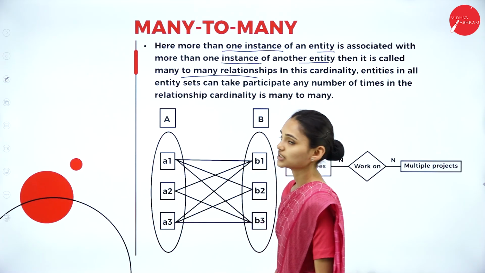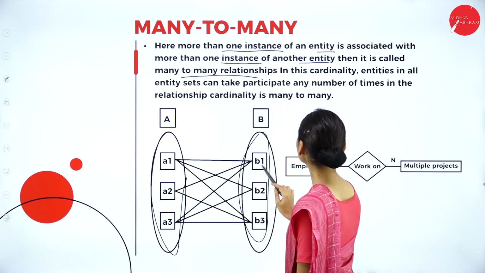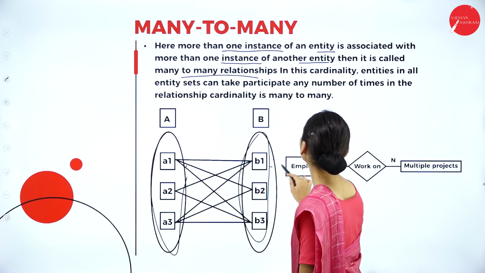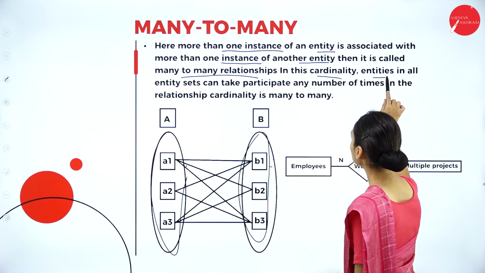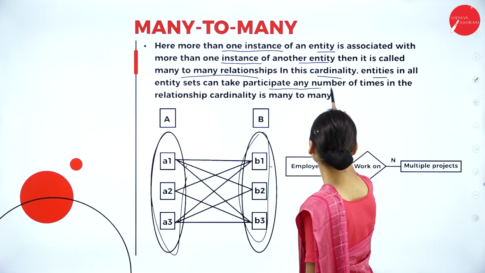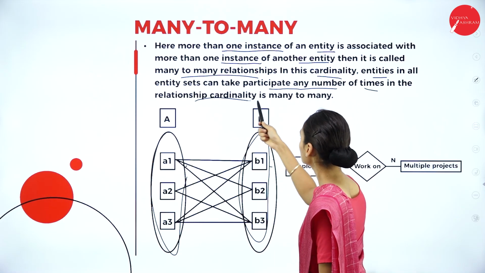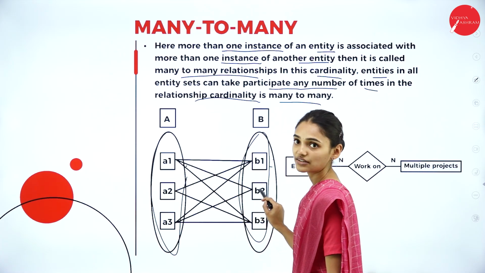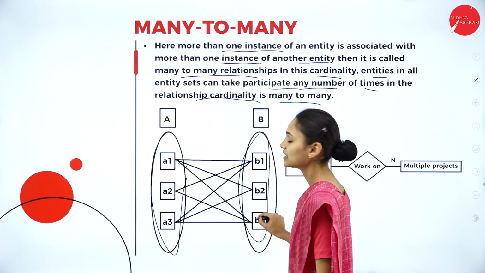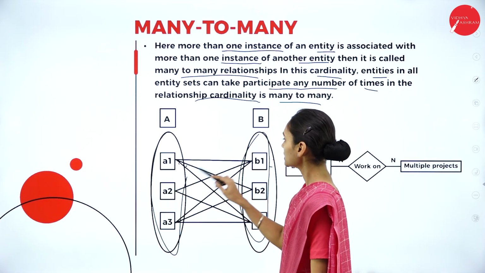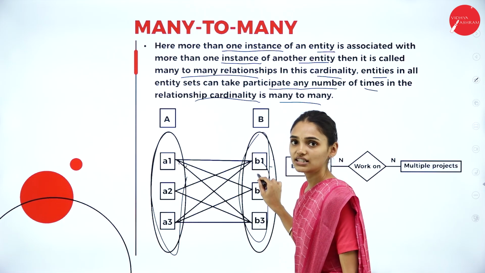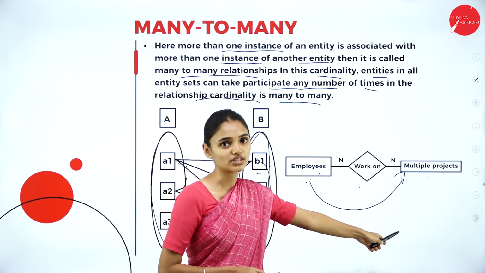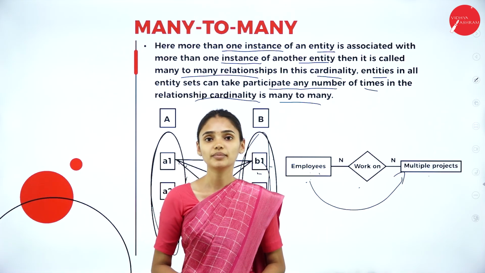Here A1 is associated with B1, B2, and B3, so the participating set can be associated with the other set many times. For example, an employee works on multiple projects. So it's an example of many to many. Thank you.